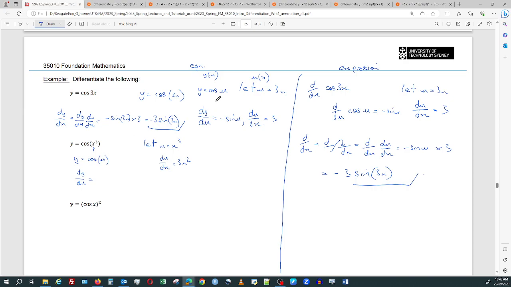Now we just did the cos. So the cos of something is minus sine u. And we put them together: dy dx is minus 3x squared sine, and u itself was x cubed.